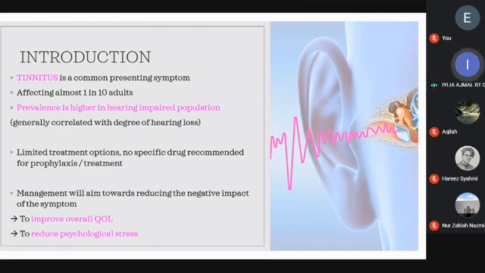Okay, there's no drugs. So when we talk about management of tinnitus, we're talking about how to improve the patient's quality of life and how to reduce the psychological stress. Because if you have a persistent ringing in your ear, you will commonly see patients of tinnitus who have depression.